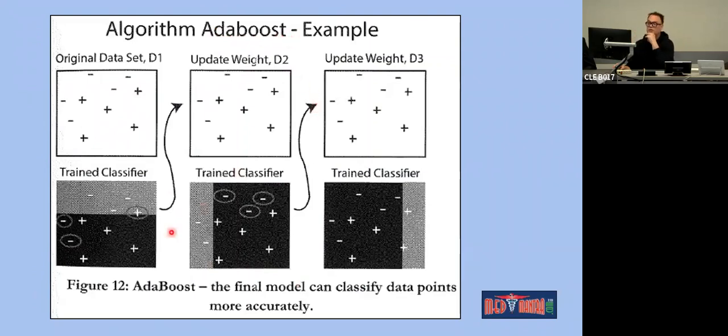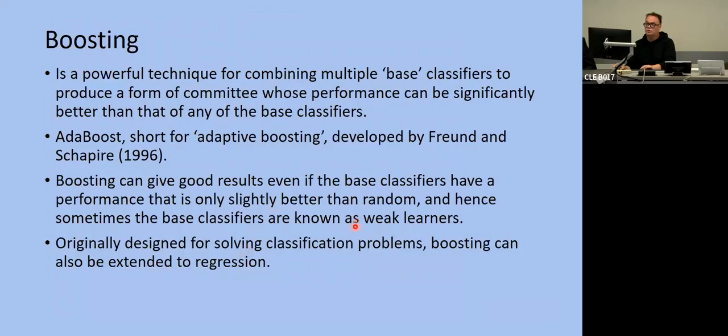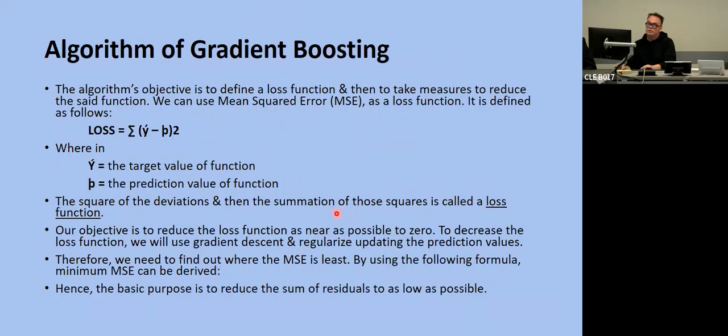It's very famous, and it tweaks the weights in those calculations, and then it does these two iterations here, and it creates that trained classifier at that point in time. So there's pluses and minuses here, and you'll see it covers the data much better than the second iteration for the first.